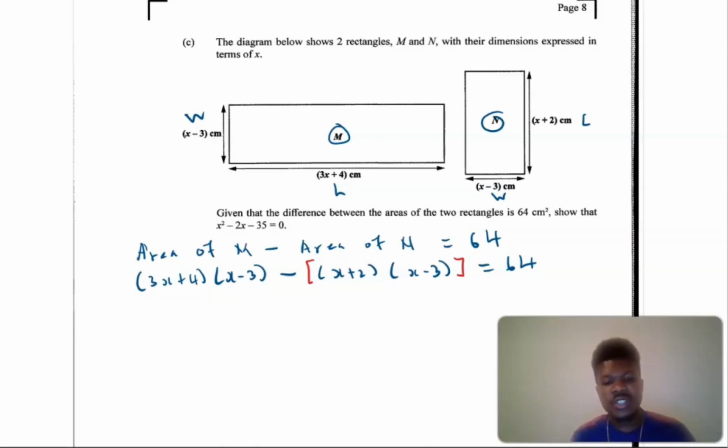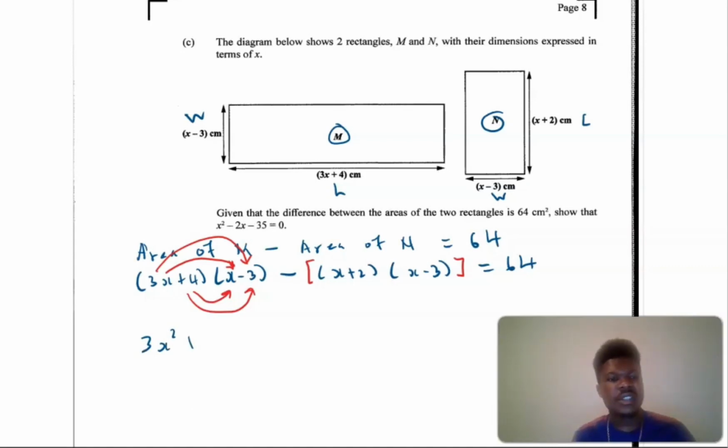So what we're going to be doing is using the 3x to multiply both the x here and the minus 3, and then use the 4 to multiply both x and also the minus 3. And we're going to do the same on the other side. So let's go. 3x times x gives us 3x squared.